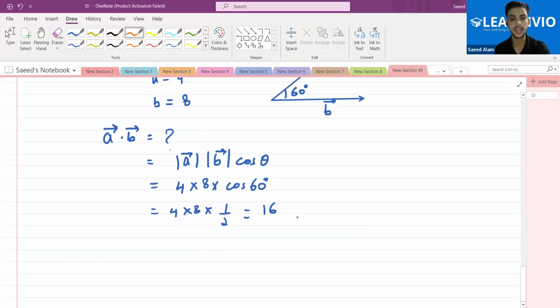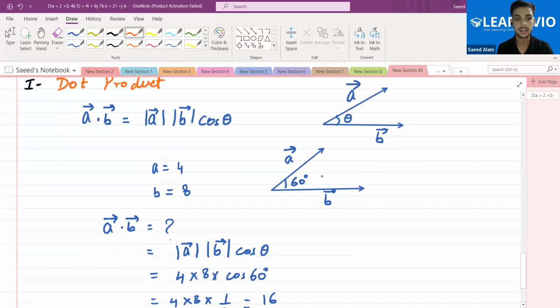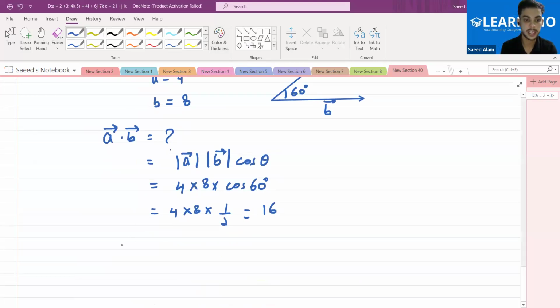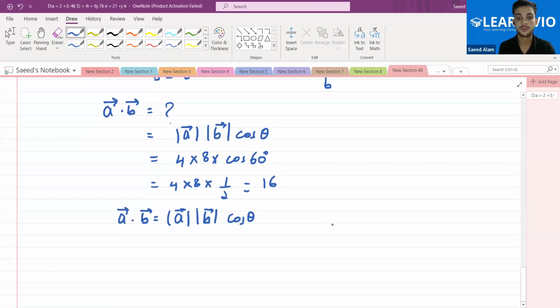Now, one more thing: if we are defining the dot product of A dot B as magnitude of A, magnitude of B into cos theta, what is the minimum angle that the two vectors can have? 0.